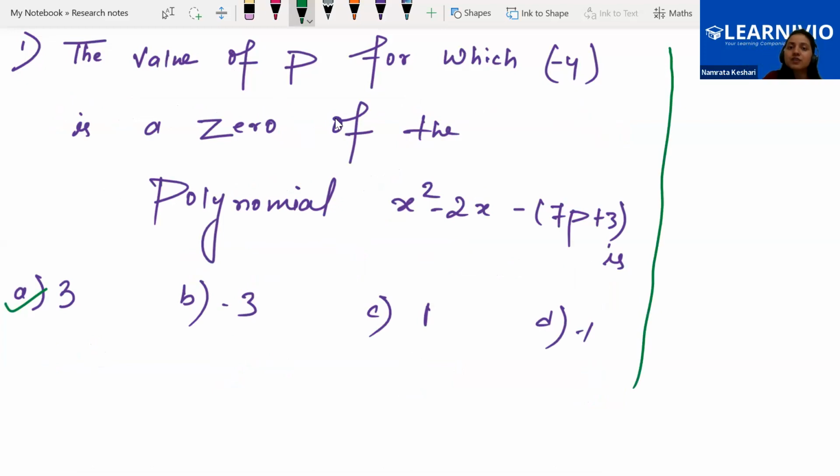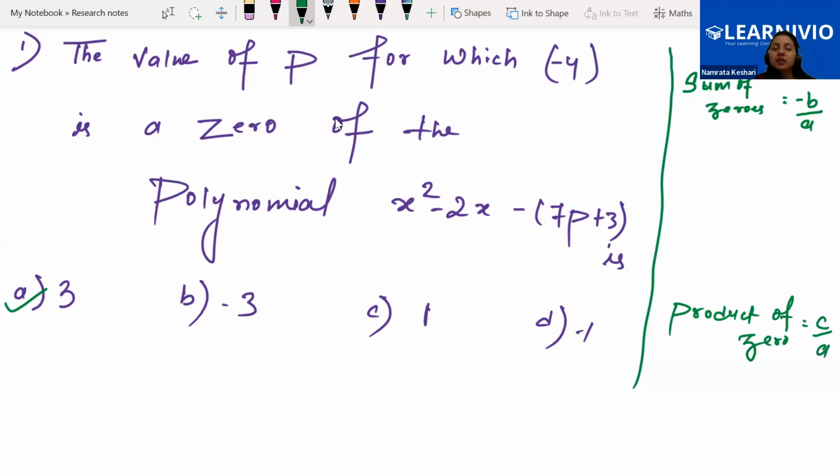One of the zeros is given as -4. Sum of the zeros formula we know: -b by a. And we also know the product of the zeros formula, that is c by a.